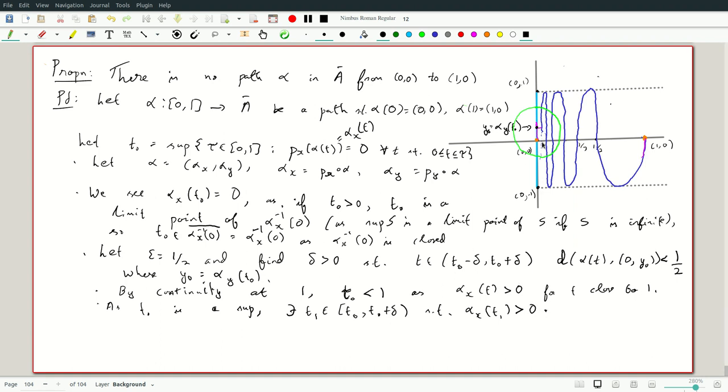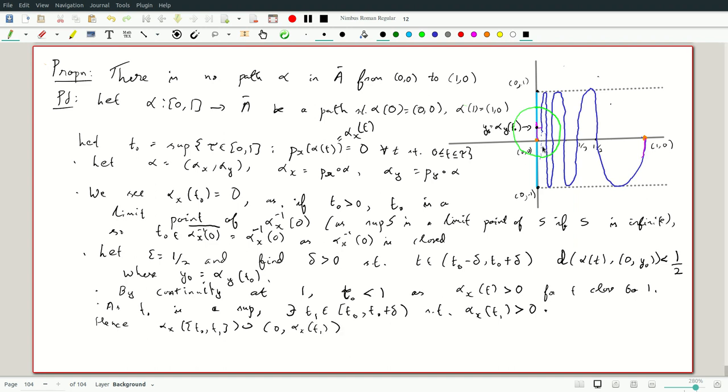Now by the intermediate value theorem, alpha x of the interval t0 t1 contains the interval 0 to alpha x of t1, which is positive.